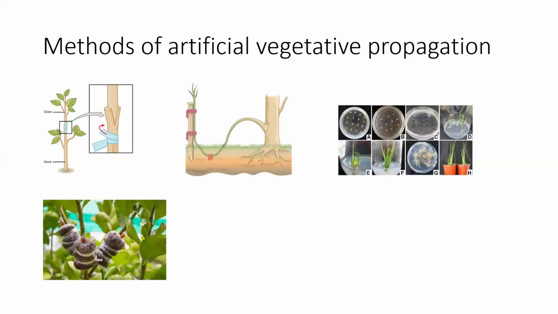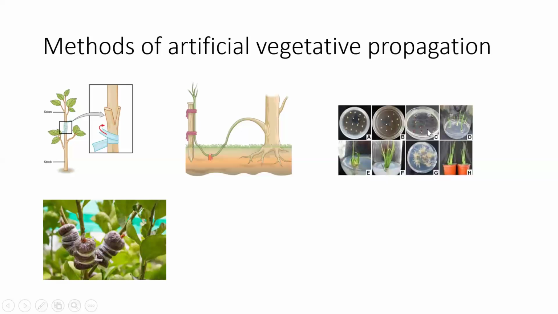In a lab, you clean them. You can get any tissue, maybe from a stem, maybe from a leaf. Clean them, give them the right conditions, and then each cell or part of those tissues will become new plants.